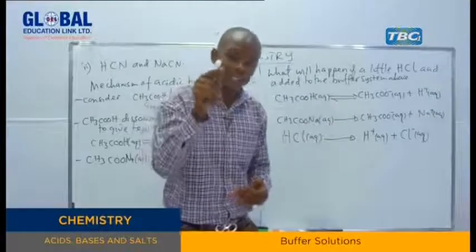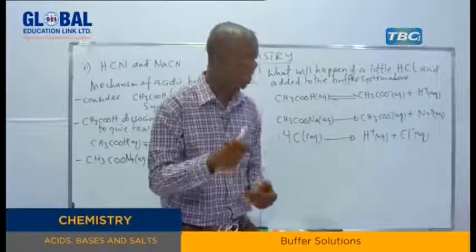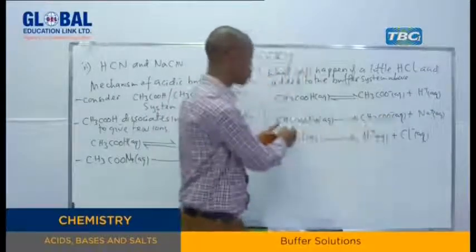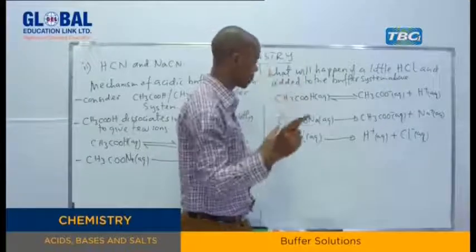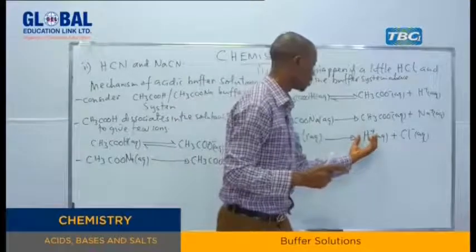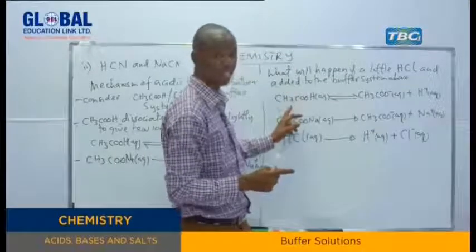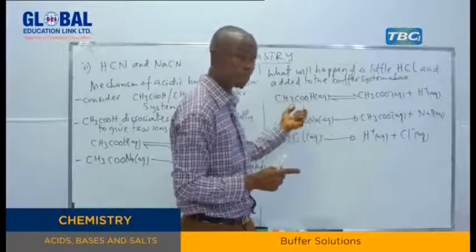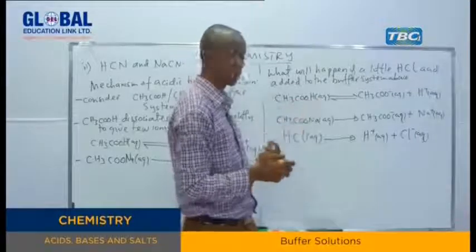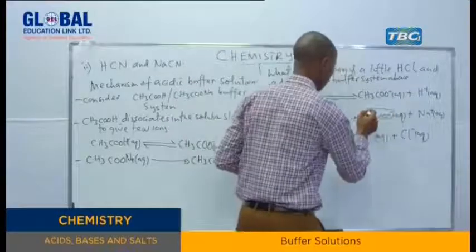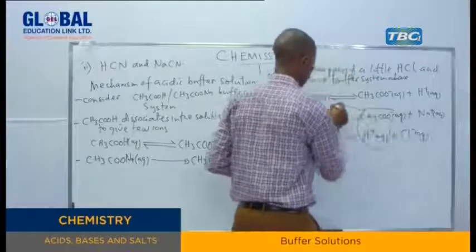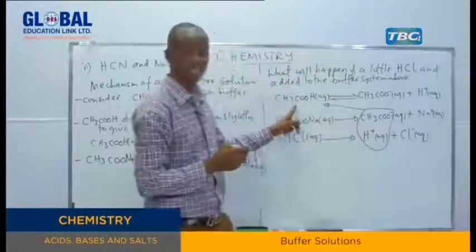Now, in order to prevent that lowering of the pH, the acetate ions from the salt will be enough to combine with hydrogen ions from the strong acid to form back the acetic acid. That means the equilibrium of the acetic acid now will lie backward. So these will combine, and when they combine, they will form back the acetic acid.